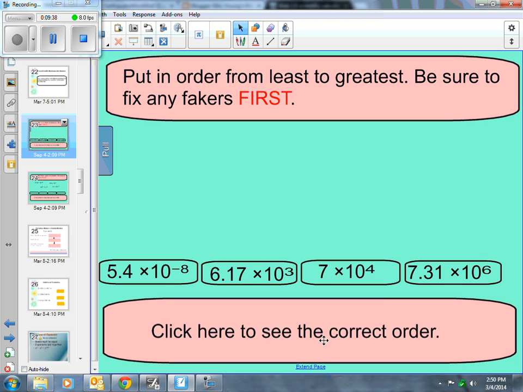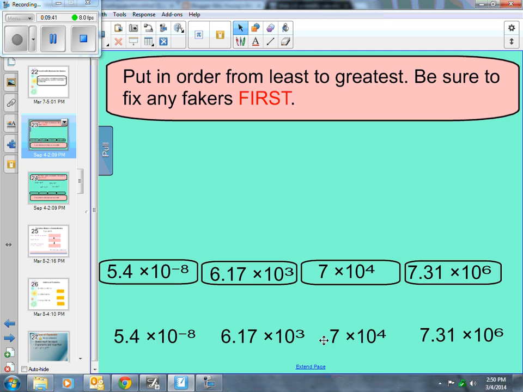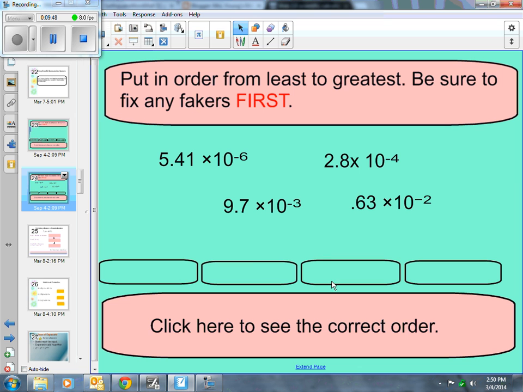We can just look at the exponents and we'll find that we are in fact correct. So if you could please check for any fakers. Hint, hint, I see one. List these in order from least to greatest.